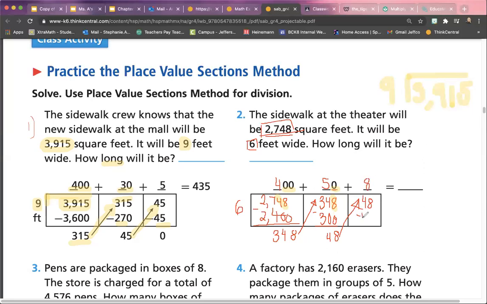I can end up with absolutely 0 remainder. How nice is that? So then, Adrian, if I put all these numbers together up top, what is my answer? It's 458. Yes, thank you.